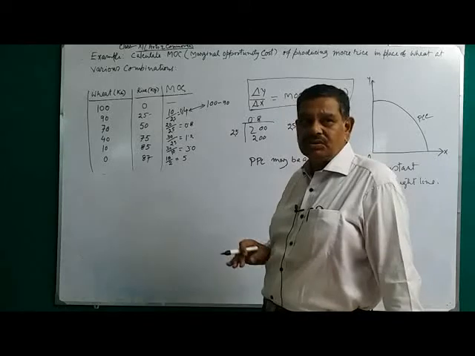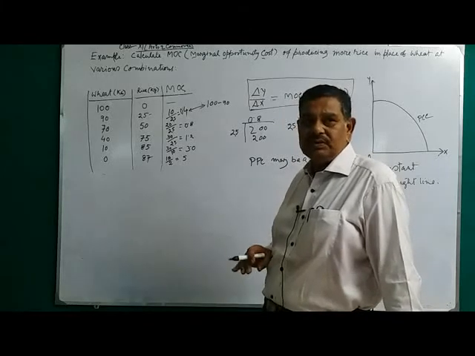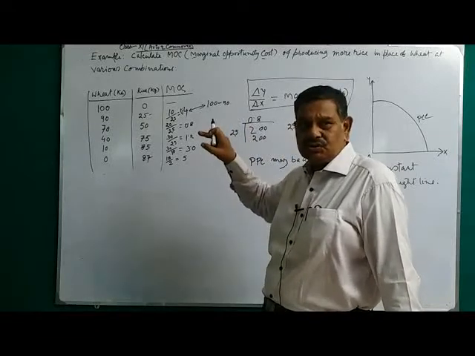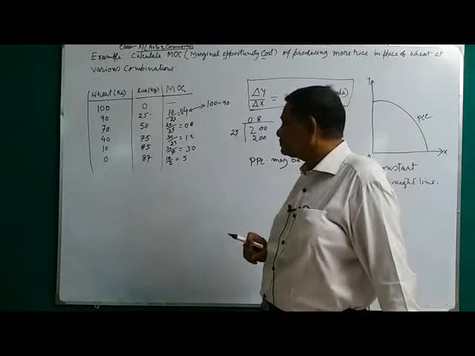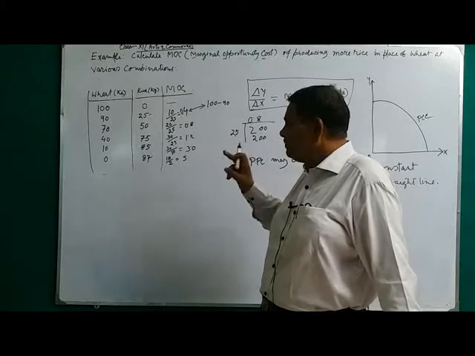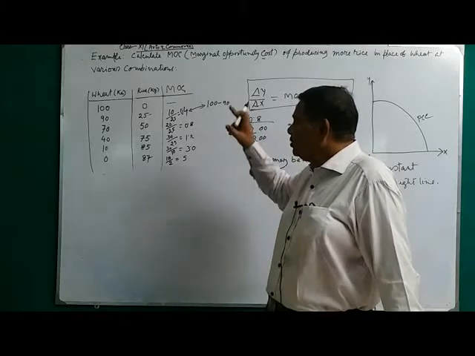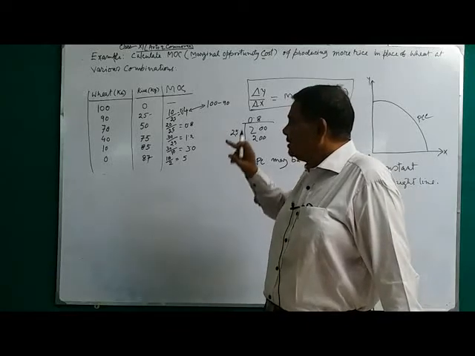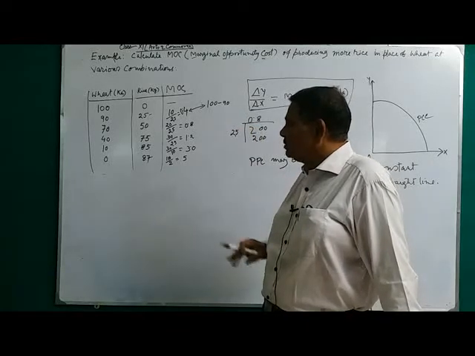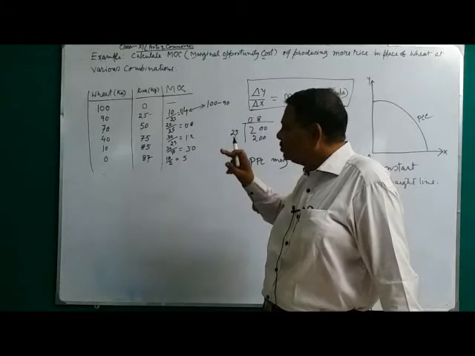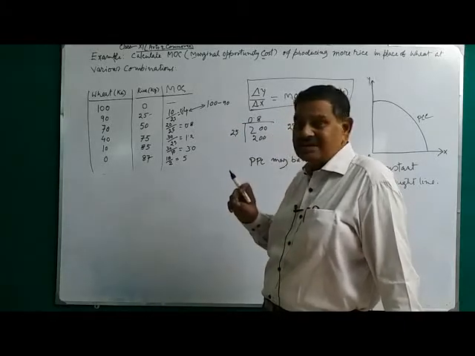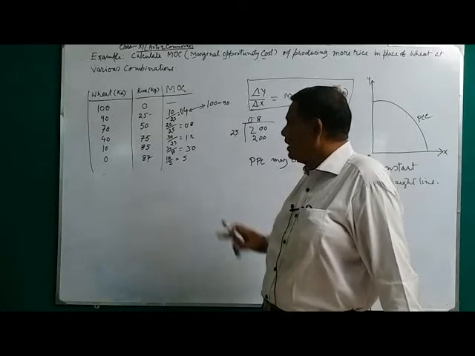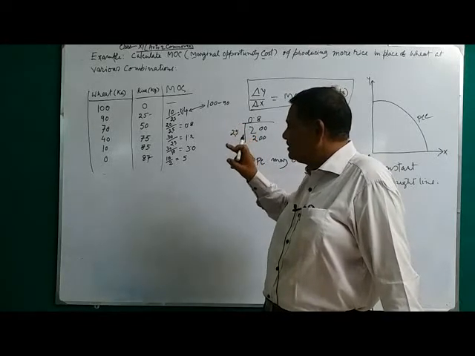But if you want to produce a combination of the two, you decline your production from 100 kg to 90 kg, that is 10 kg. As you leave 10 kg wheat, you are getting 25 kg of rice. And again you decline your production of wheat from 90 to 70, that is 20 kg, and you get rice from 25 to 50, that is 25 kg.